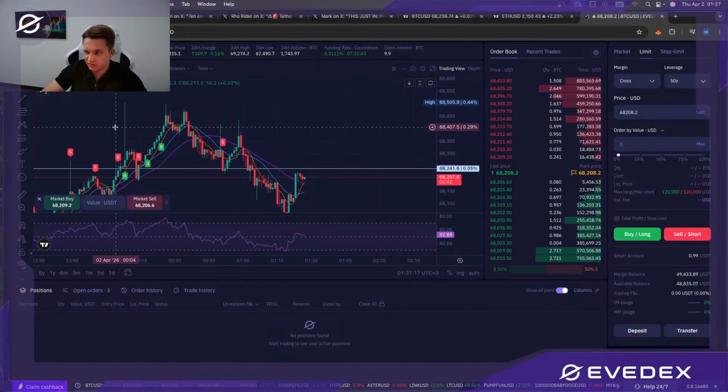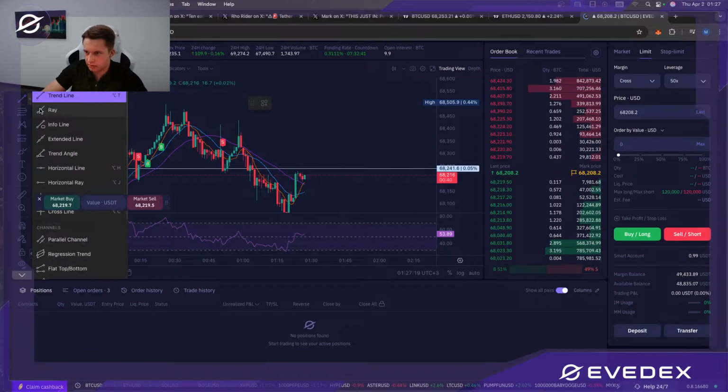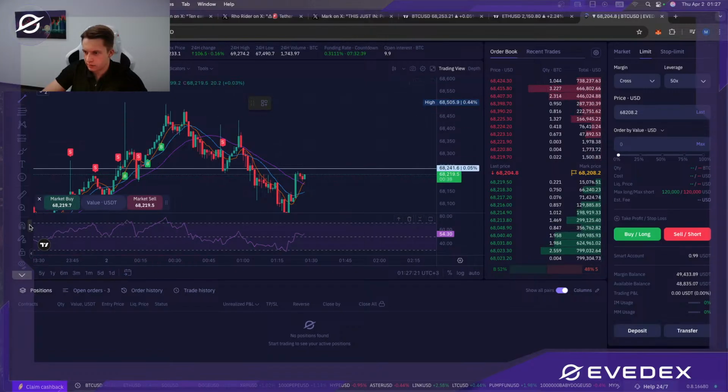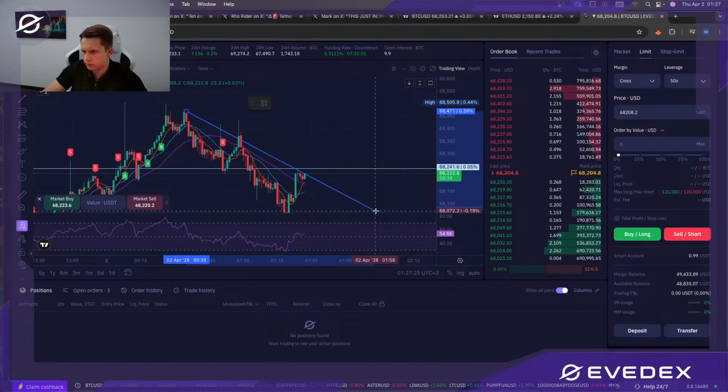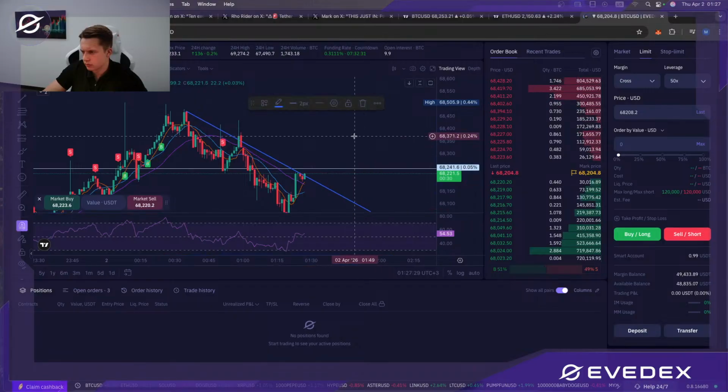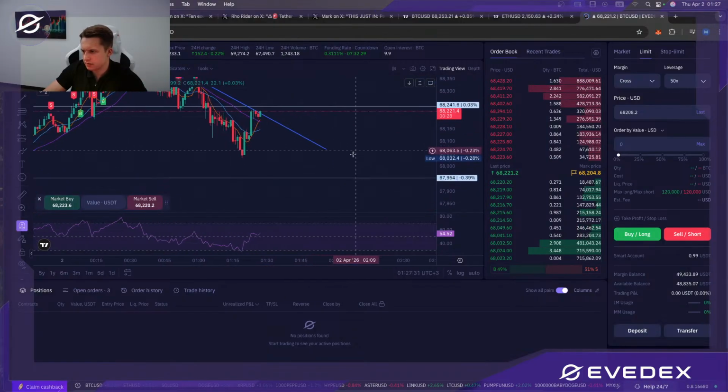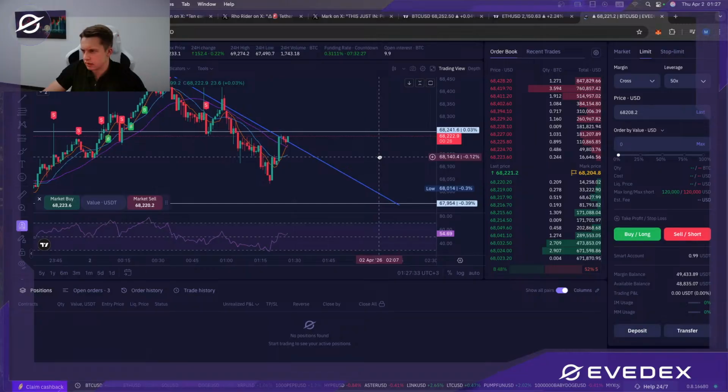I mean, I'm expecting a downtrend, not gonna lie, just based off of the movement that we currently have. So that's kind of what I'm expecting, even down to that level.